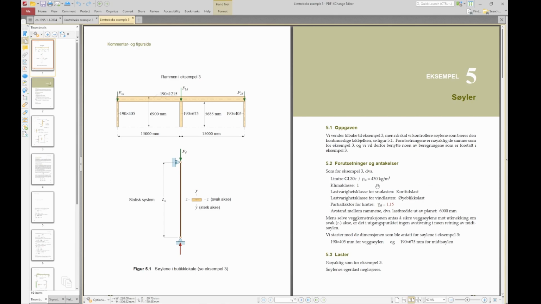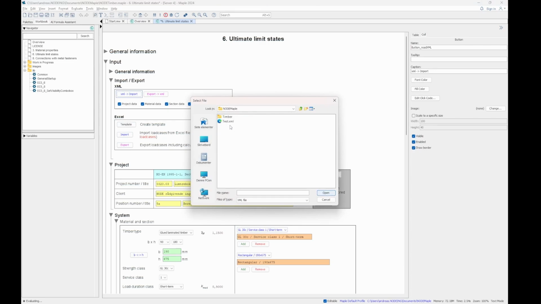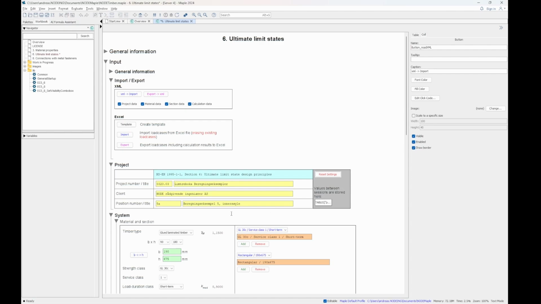So we can just start with the first one, and I have called those example 5a and 5b. We're going into this subdirectory, and we have Limtreboka example 5a, which in that case is the inner column.